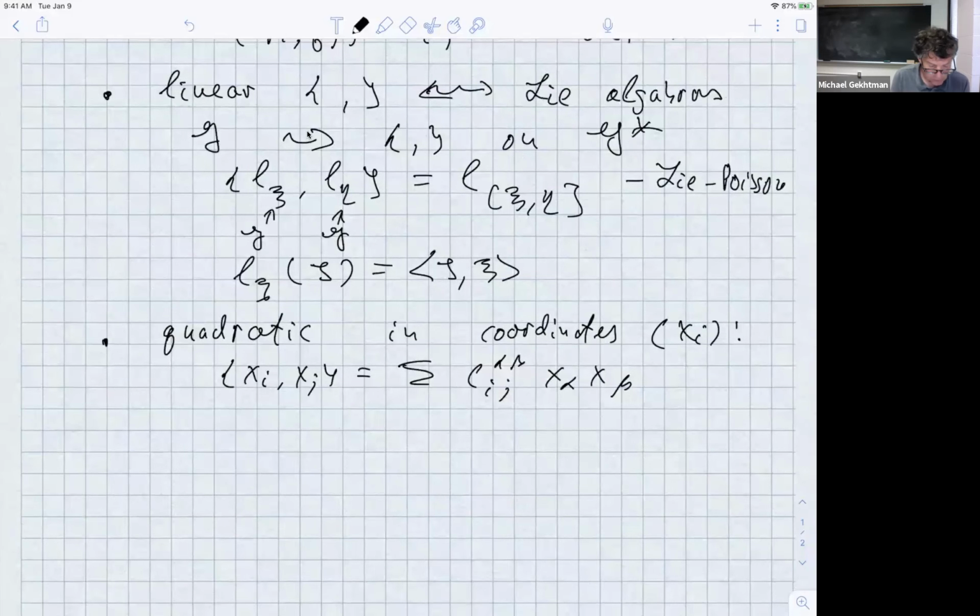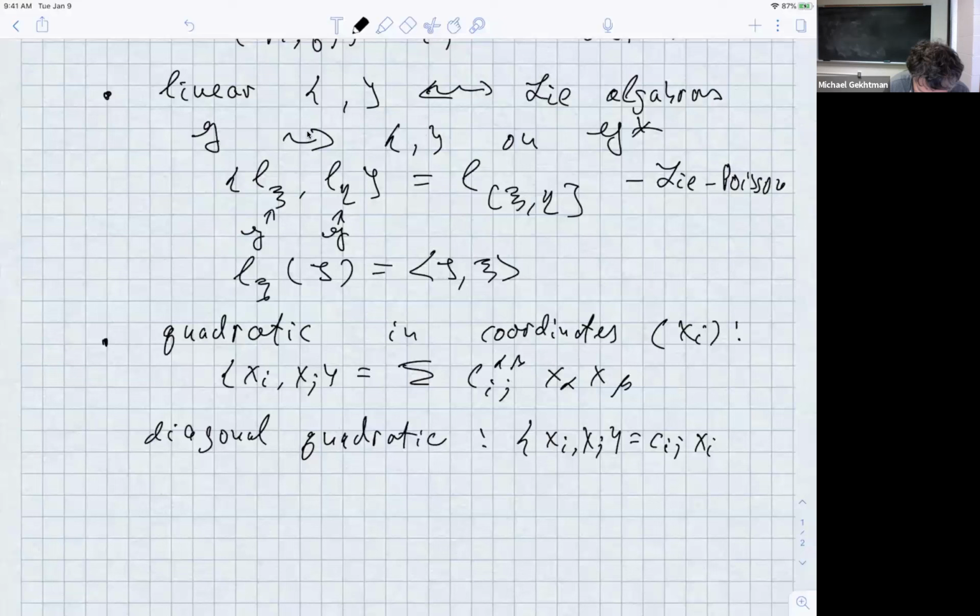In this case, one can distinguish the simplest possible situation, and that is diagonal quadratic, which is of the form {x_i, x_j} equal to just c_ij x_i x_j, no summation.